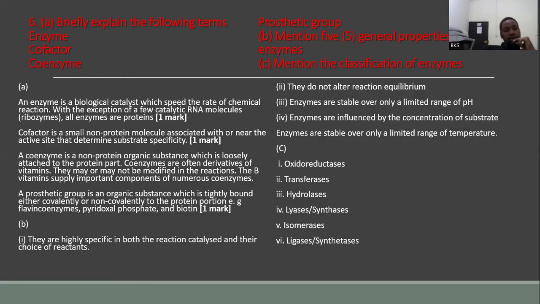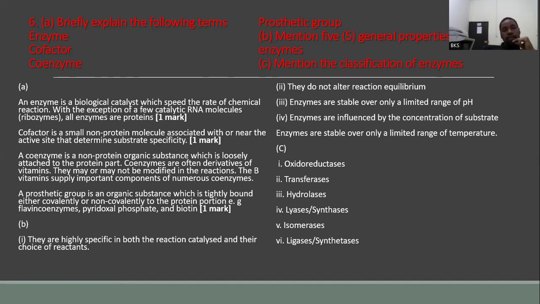A cofactor is a small non-protein molecule that associates with the enzyme, found near the active site, helping the enzyme act on its particular substrate. A coenzyme is a non-protein organic substance, usually a derivative of a vitamin. A prosthetic group is usually tightly bonded.